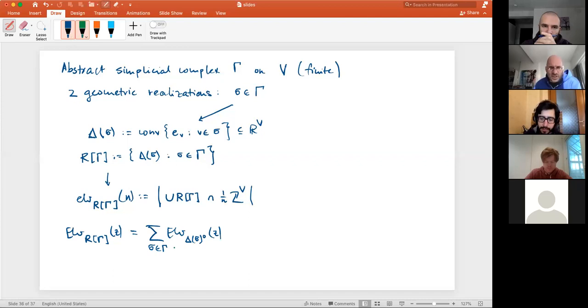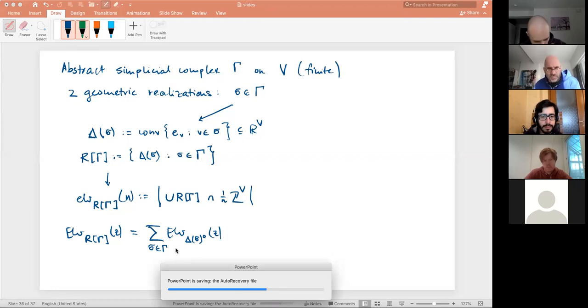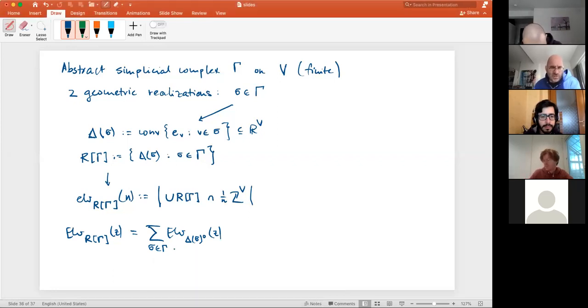Now I'm in a good situation because I'm modeling things with unimodular simplices, correct? So this is z over 1 minus z to the dimension plus 1.